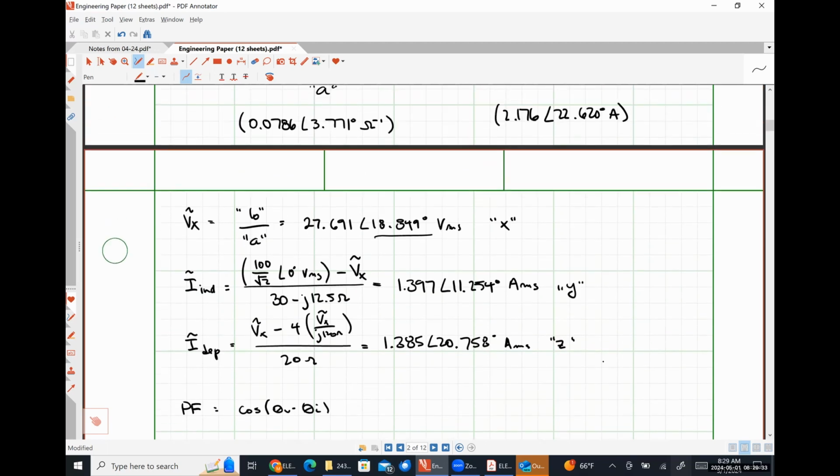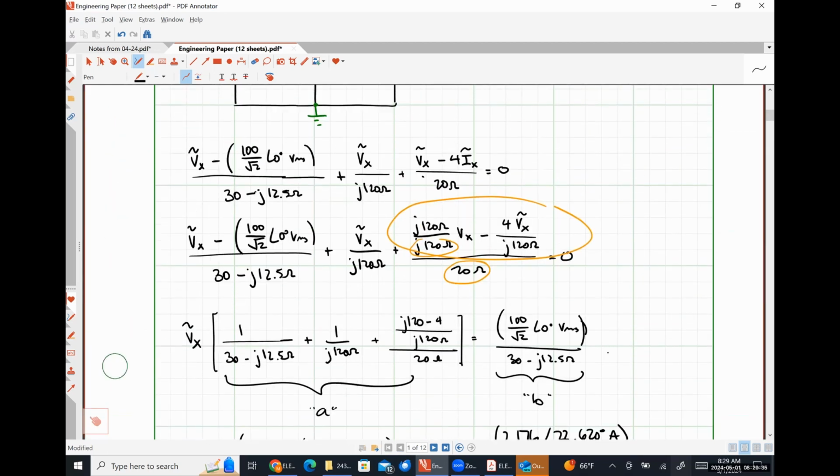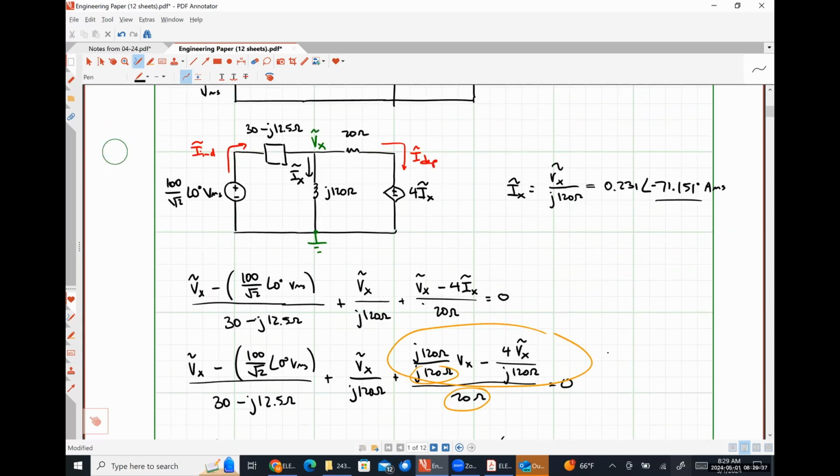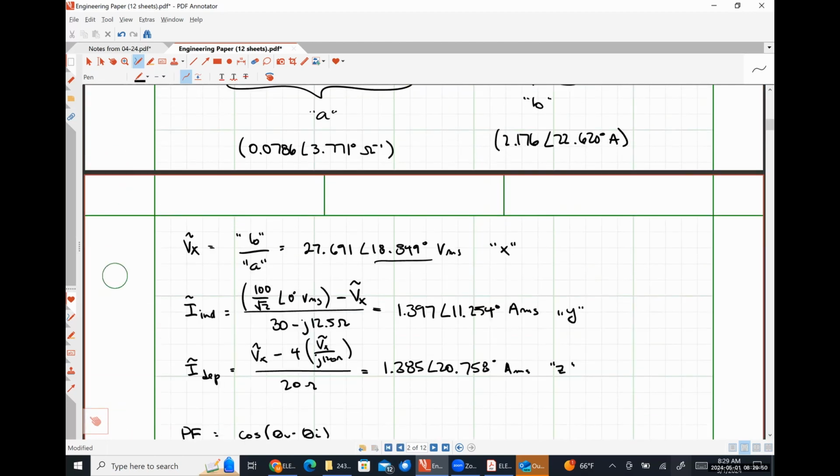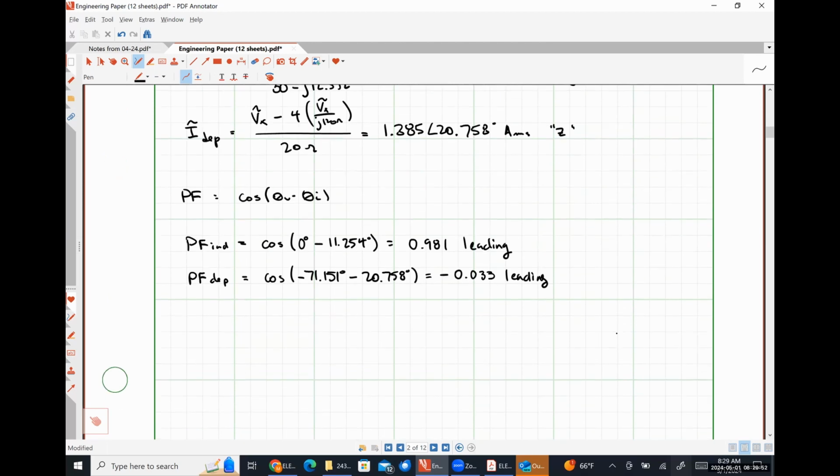So the phase angle of the current would be 180 degrees out of phase, so we would have been finding I dependent flowing up. If we were to add negative 180 degrees to this, that would look like minus 200.758, right?